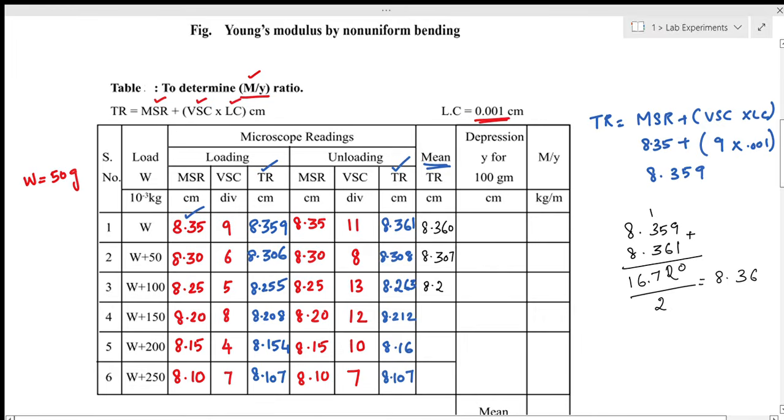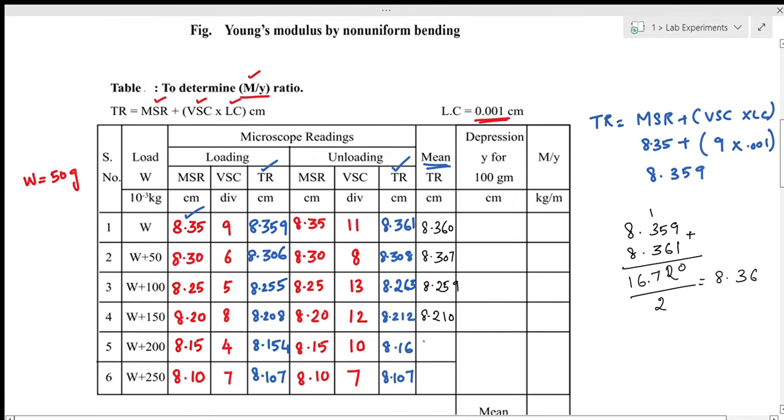Similarly here, 8.255 plus 8.263, I got 16.518, divided by 2, I got 8.259. Here 8.208 plus 8.212, 16.420, divided by 2, I get 8.210.